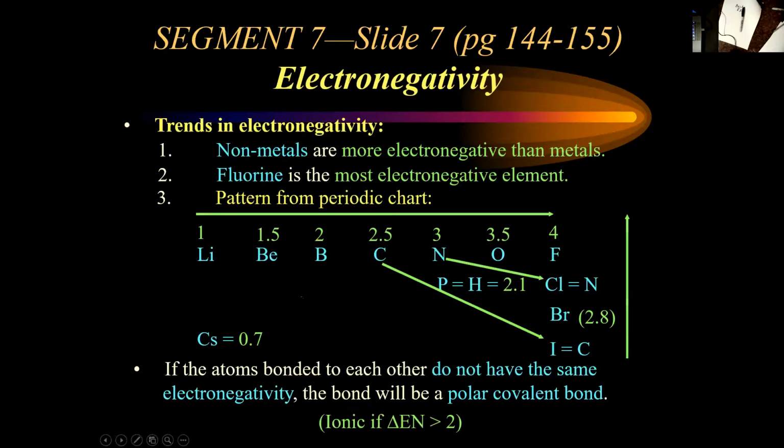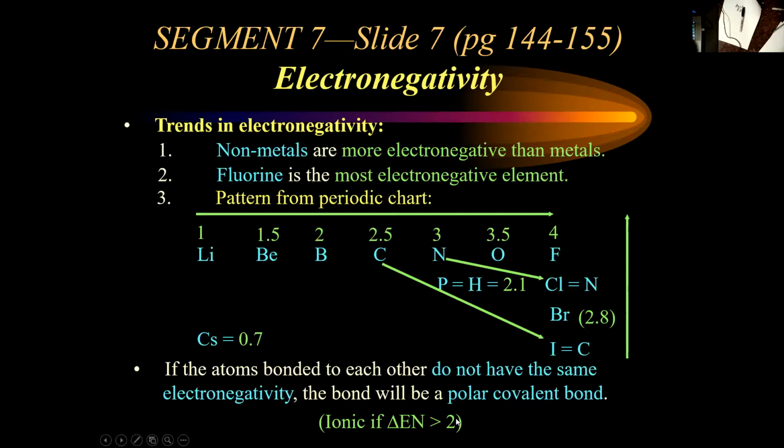Now, an ionic bond is just the extreme of that. In an ionic bond, say if I had calcium bonded with chlorine, the calcium is going to actually lose its electron to the chlorine, and the chlorine is going to become a -1. The difference in electronegativity where that occurs is a difference greater than 2.